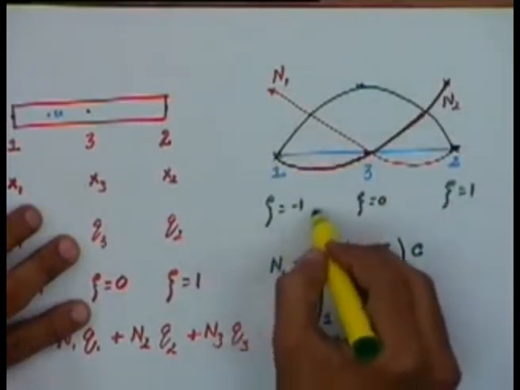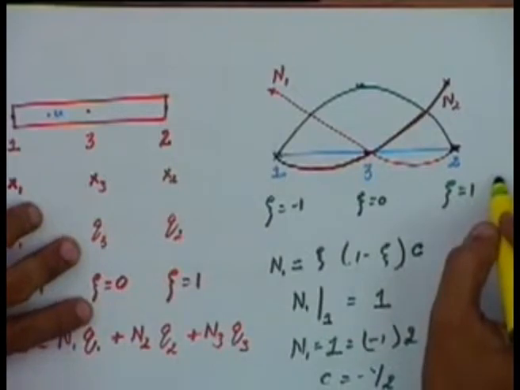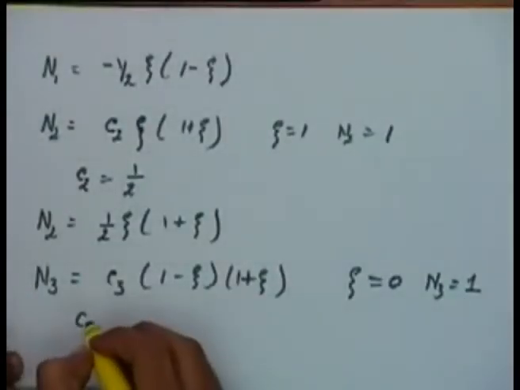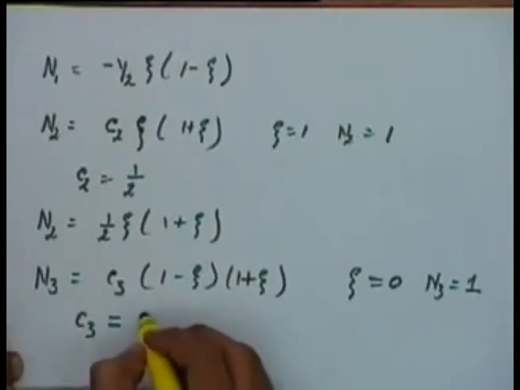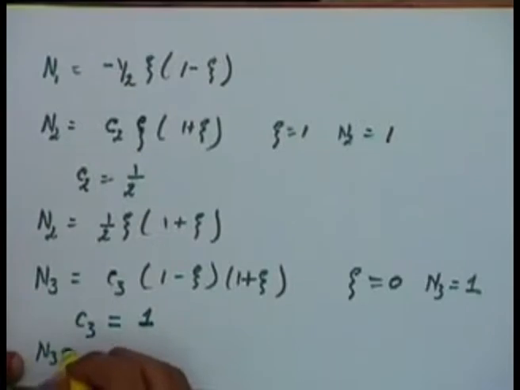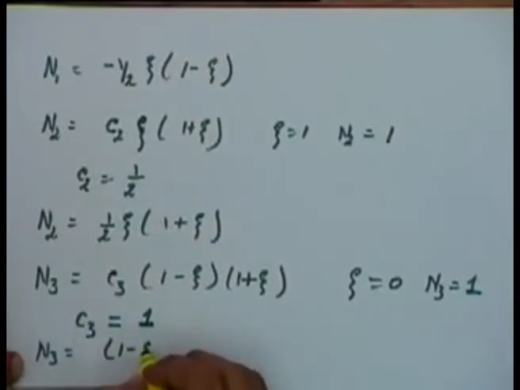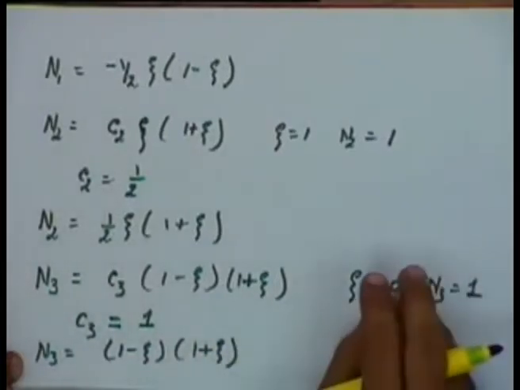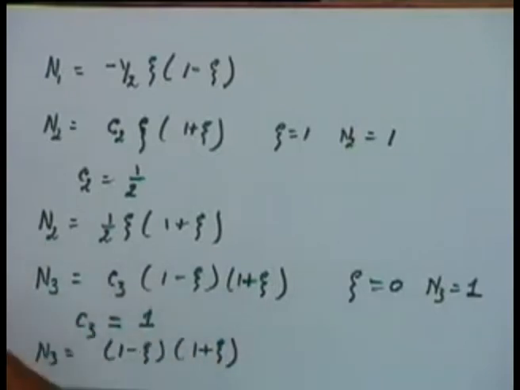So we will have a term of 1 plus zeta and 1 minus zeta in it. If we put this, we will get C3 equal to 1. Therefore N3 is equal to 1 minus zeta into 1 plus zeta.